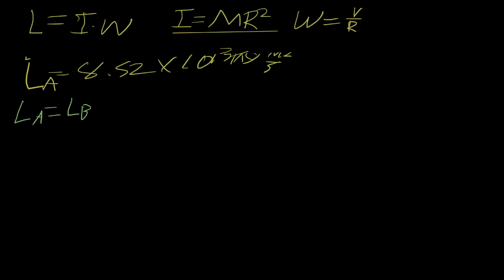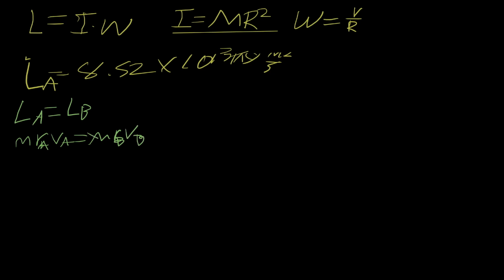So we know the angular momentum for point A already, which is going to be the radius at A times the velocity A, equal to the satellite mass times the distance between the Earth center and the satellite times the velocity.